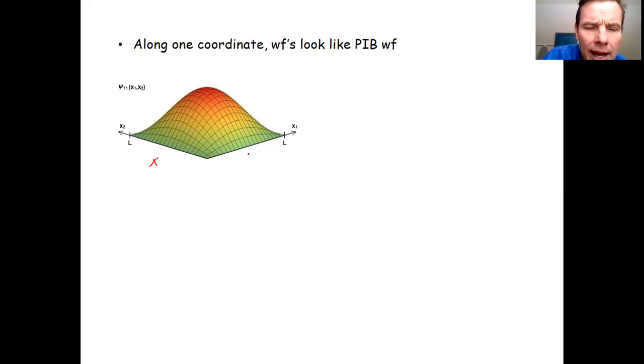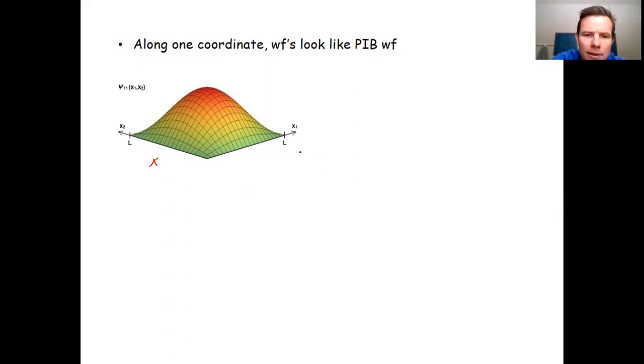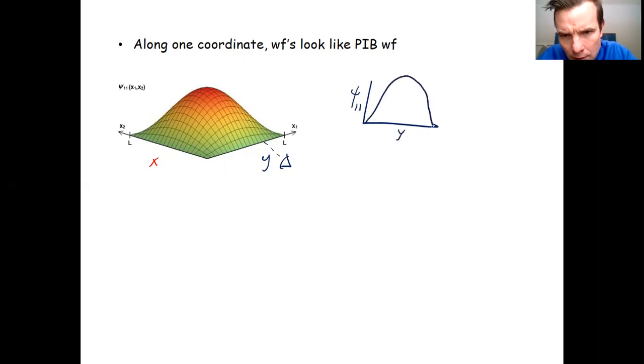So if I called this X and I called this axis Y, and I'm going to work in two different colors to try and make this as clear as possible, if I looked along any dimension here, along the Y axis, it would look like the psi 1 one-dimensional particle in a box wave function.